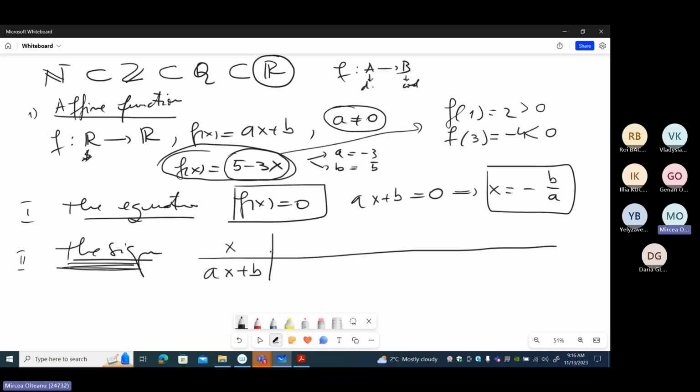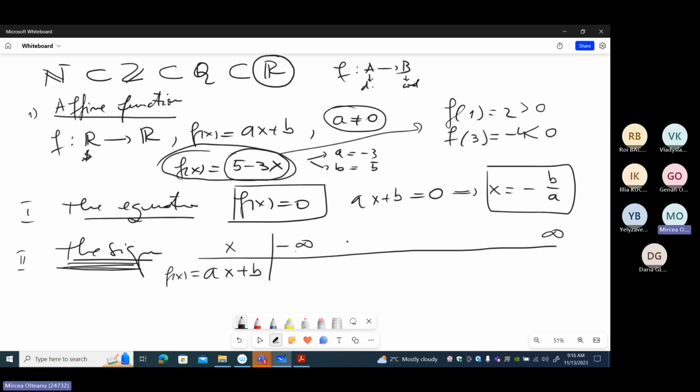Sign rules are usually given through tables of signs. So here x, the logic of this table is like this. X takes values from minus infinity to infinity. That means it takes the values of all the real numbers, yes. And below we have the values of the function ax plus b. This is our function, yes.